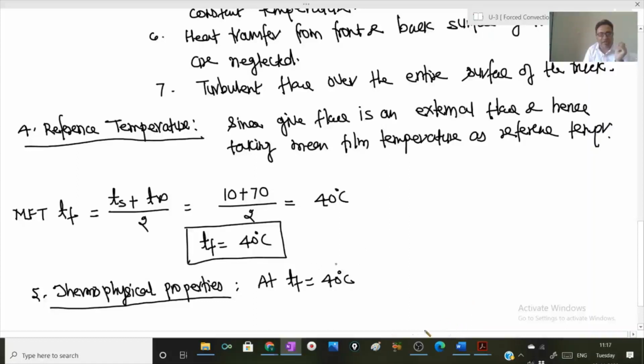So at TF is equal to 40 degrees Celsius, from the heat transfer data book by C.P. Kothandaraman.